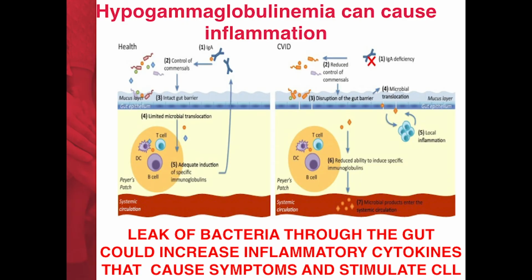So what this figure is supposed to show is your gut and your intestine, where food goes through and gets absorbed. But in those intestinal tubes are also millions and millions of bacteria.